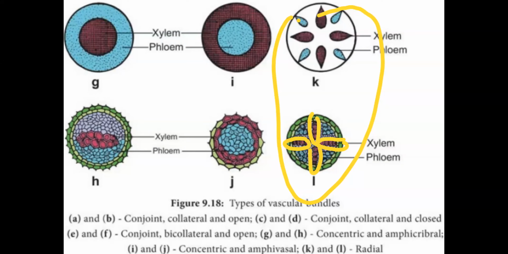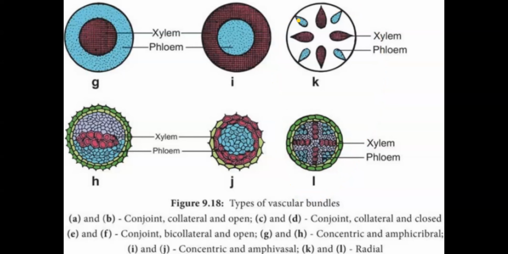Xylem bundles are separate. Phloem bundles are separate. They are on different radii and are alternate to each other. This is to be seen in root. Simple as that. Okay, done. The same you have seen in this symbolic diagram.